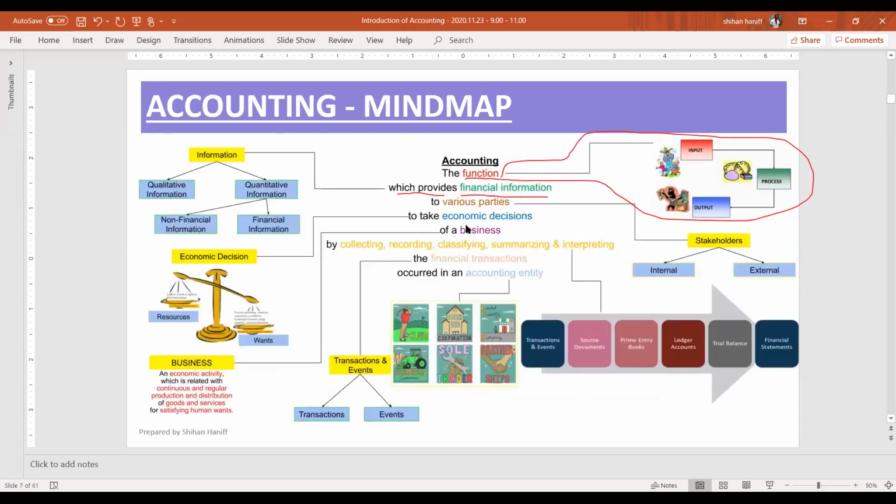Accounting is a function with an input, process, and output, which provides only financial information. So we know what is meant by information, what qualitative and quantitative information are, and non-financial and financial. We provide only financial information. Accounting is a function which provides financial information.